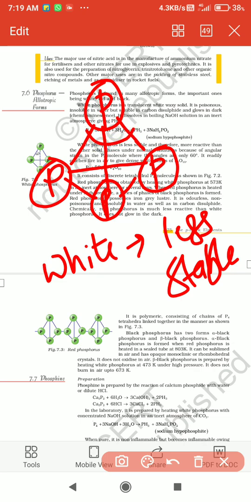So the P4 molecule exhibits only a 60 degree bond angle. This is about white phosphorus and its tetrahedral shape.